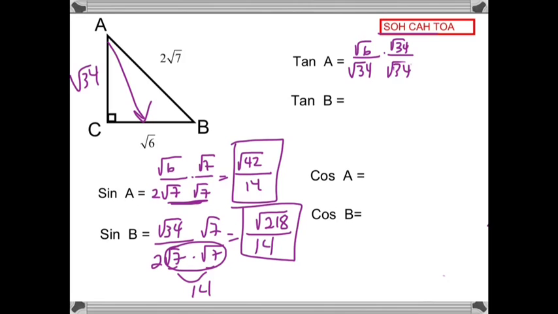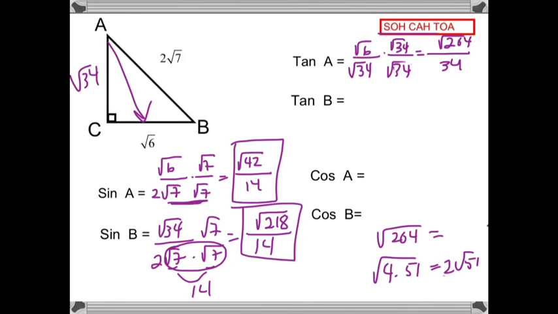So this becomes the square root of 204 over 34. Now the square root of 204, you can pull a 4 out, so this becomes 4 times 51, which becomes 2 times the square root of 51. So this can actually be simplified a little bit further: this is 2 times the square root of 51 over 34.